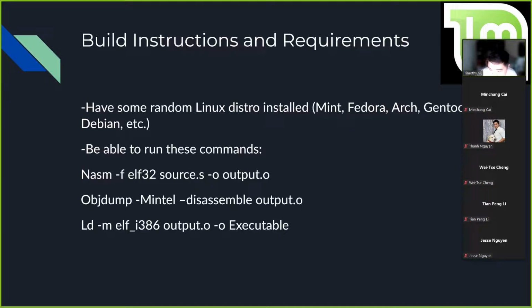Okay. So before we start the Seed Lab itself, we need to establish some foundation first. We need to have a Linux distribution installed. And not only that, we have to install NASM itself, which is an assembler and disassembler for Intel CPUs, x86 architecture.